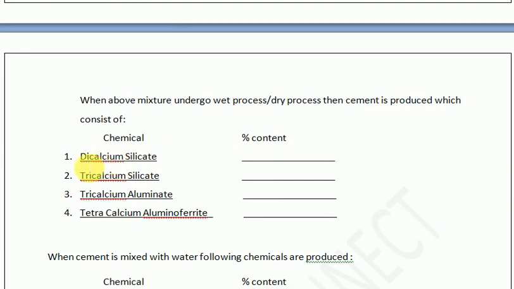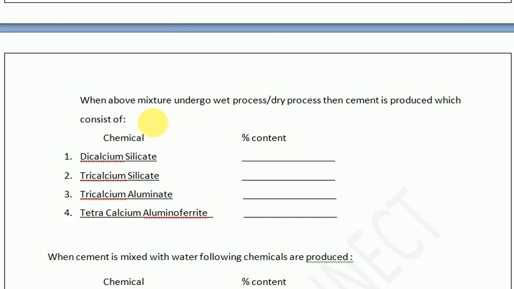When silica, lime, alkalis, magnesium oxide, iron oxide and sulfur oxides react in a kiln at a temperature of 1500 degrees Celsius, these are the byproducts: dicalcium silicate, tricalcium silicate, tricalcium aluminate and tetracalcium aluminoferrate. So when we say cement, we mean a mixture of these four chemicals.